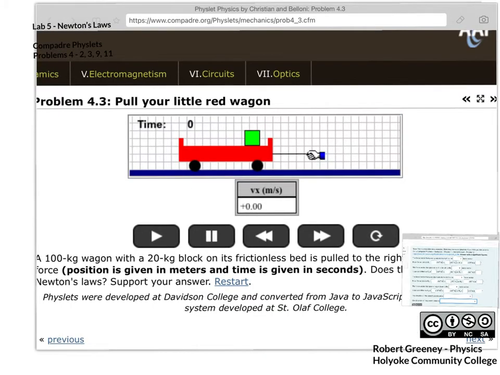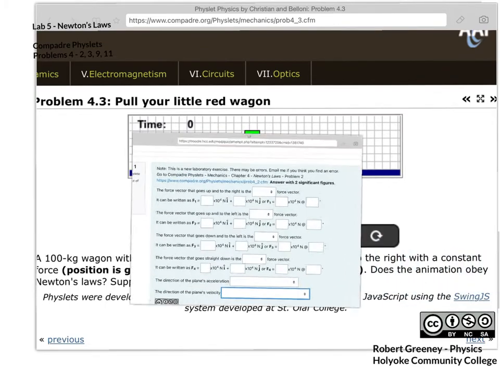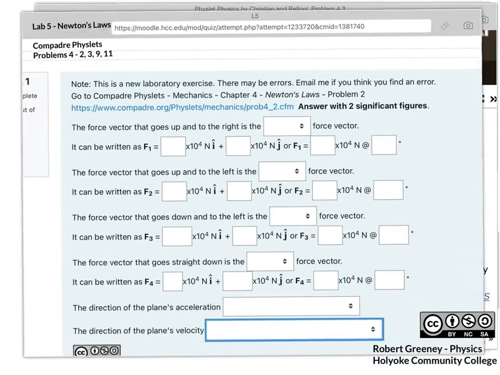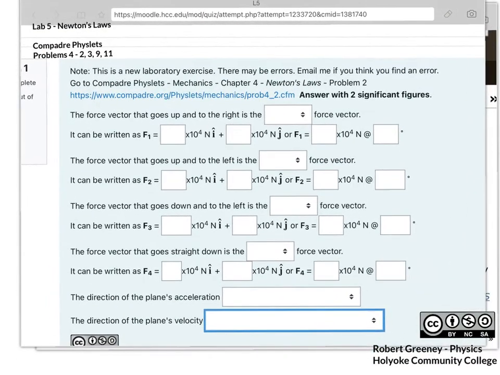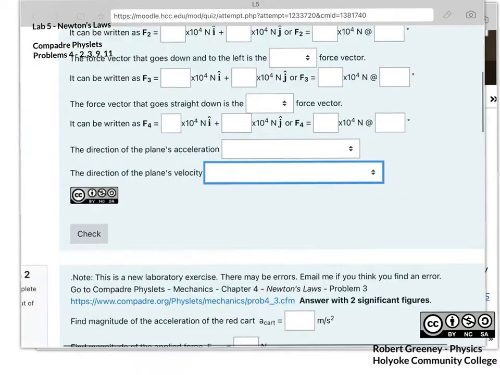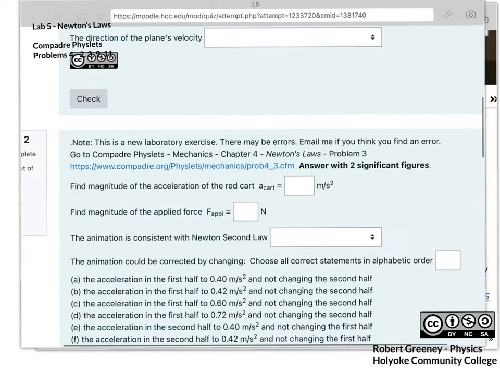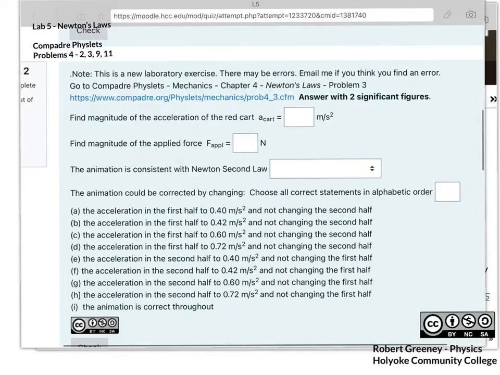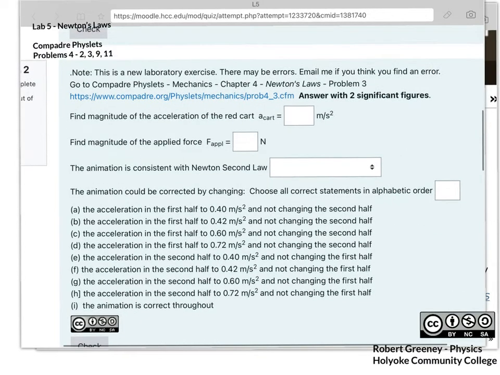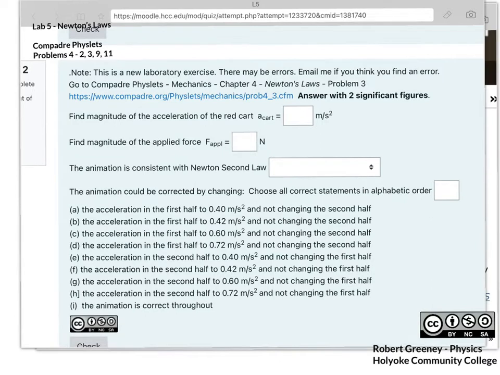Okay, here's problem 4.3, the next question. If we go into Moodle and we scroll down, we can see the questions for this simulation.